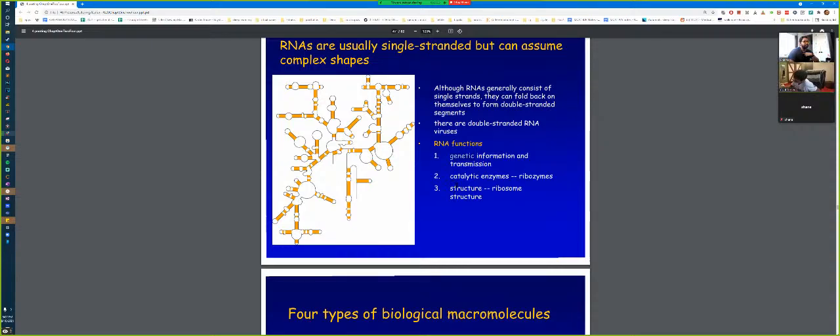And then the structure: it contributes to making the structure, for example rRNA, the ribosomal RNA. And then the special one is that it can act as enzymes, ribozymes. RNA functions.